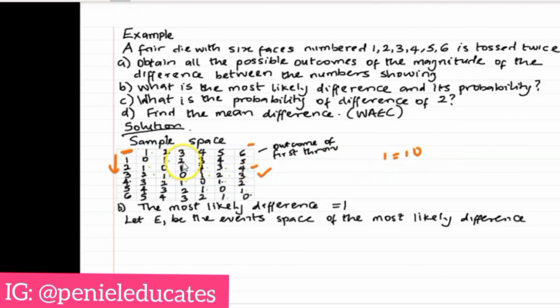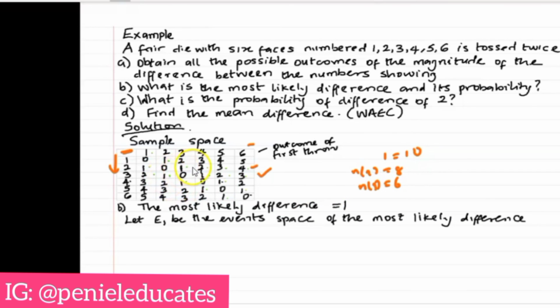We have 1, 2, 3, 4, 5, 6, 7, 8. So 2 occurs 8 times. Let's go to 3: 1, 2, 3, 4, 5, 6. So 3 occurs 6 times.